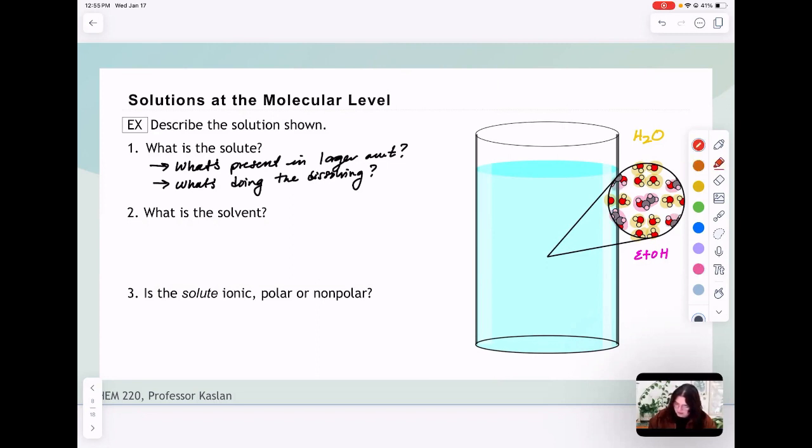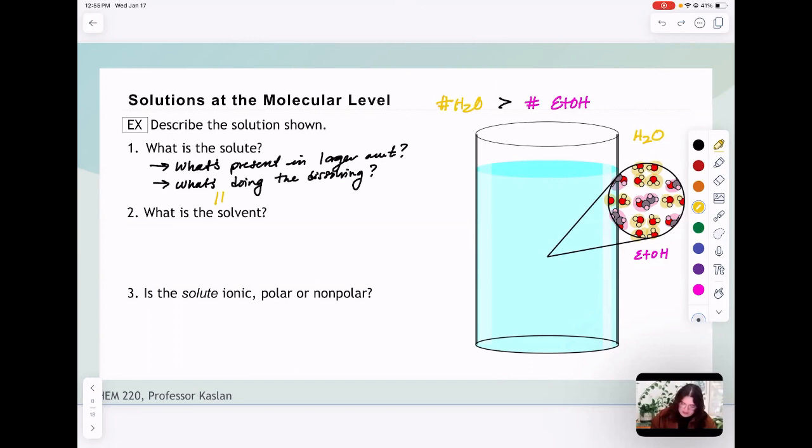We see that the amount of water in solution is more than the amount of ethanol. So the number of H2O molecules is greater than the number of ethanol molecules. This allows us to answer what is present in the larger amount. This has to be our H2O.